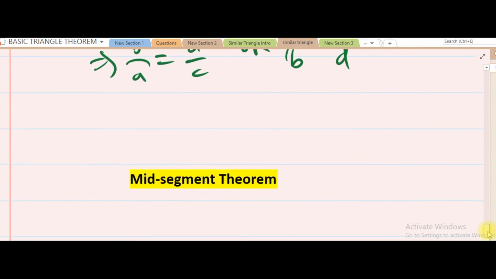Also, there is the next one, which is the midsegment theorem.